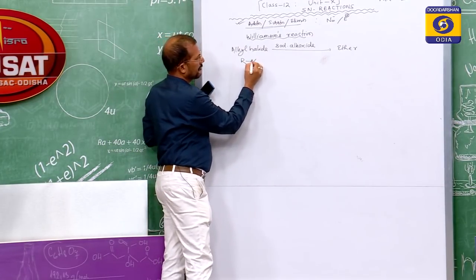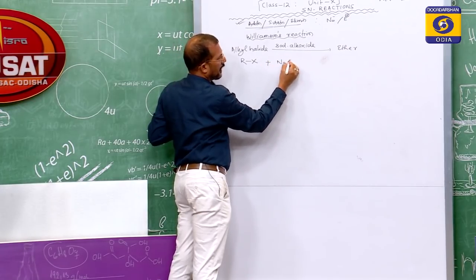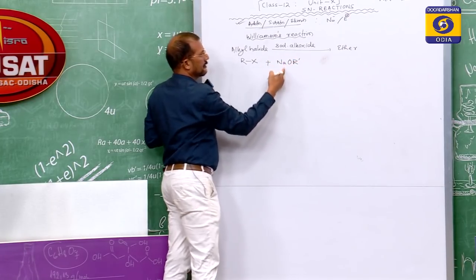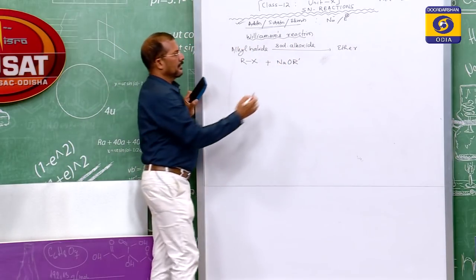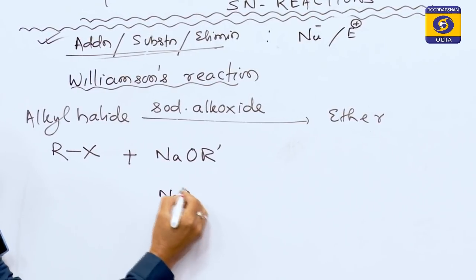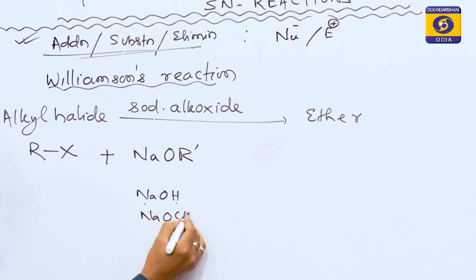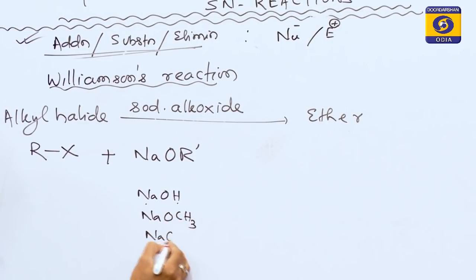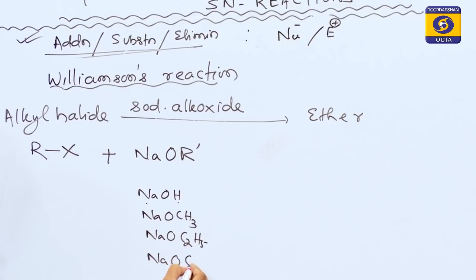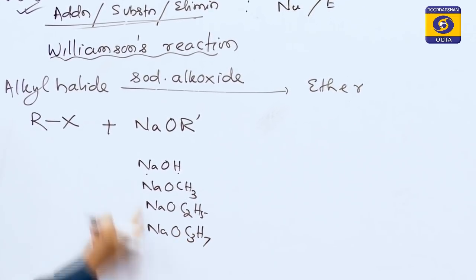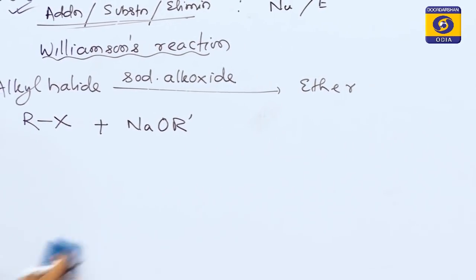Alkyl halide reacts with sodium alkoxide. Let me be clear, just like NaOH is sodium hydroxide, this will be sodium methoxide, this is sodium ethoxide, this is sodium propoxide. In that way, NaOR dash is sodium alkoxide.